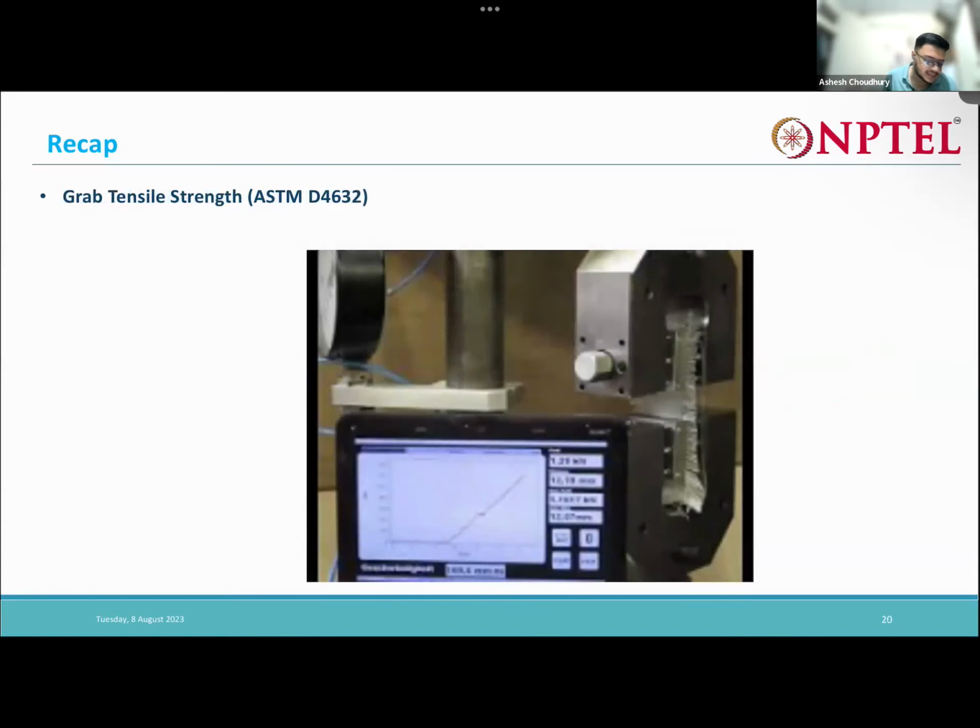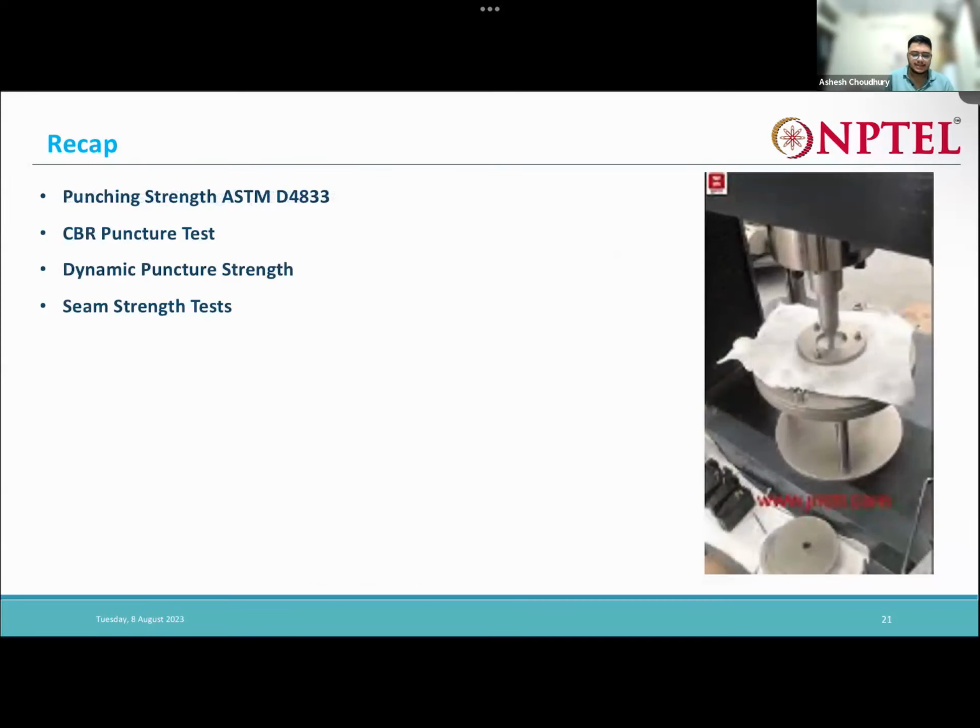Then we have the grab tensile strength. You can see this is the geosynthetic material, and it is grabbed between these clamps and pulled. It will fail and rupture at some point. That will give you the ultimate tensile, this is the grab tensile. And then we have the punching strength.